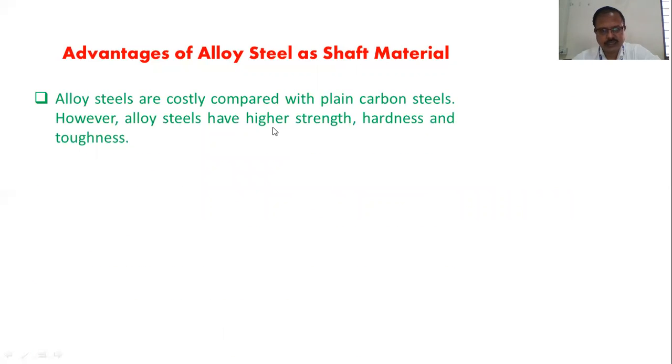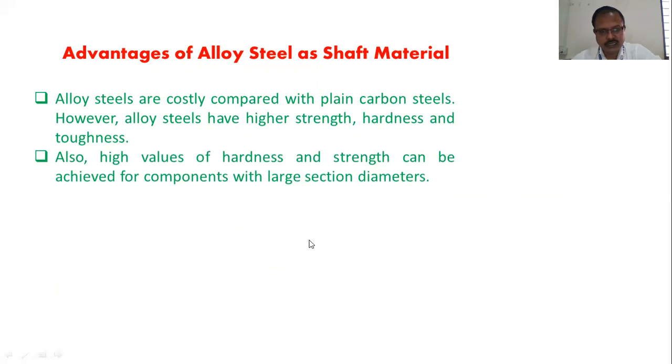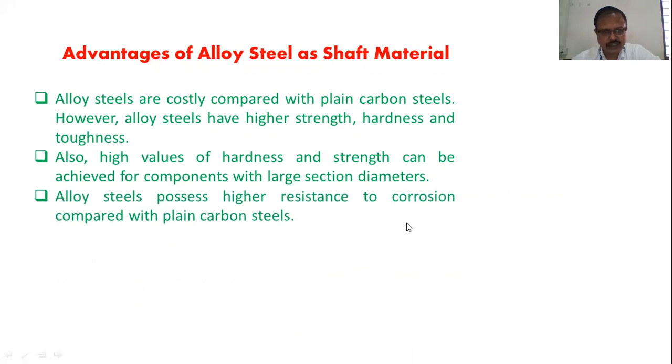and therefore where the desired strength is more, we can go for alloy steels. There are certain advantages of alloy steel as shaft material over plain carbon steel. Plain carbon steel means medium carbon steel or high carbon steel. Alloy steels, though they are costly compared with plain carbon steel, have the advantage of higher strength, hardness, and toughness. Again, high values of hardness and strength can be achieved for components with large section diameters.